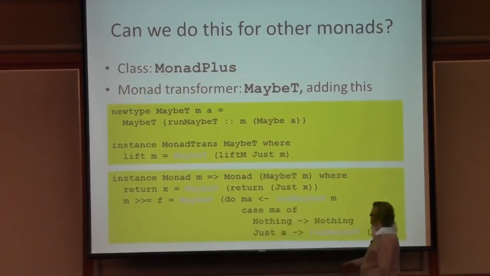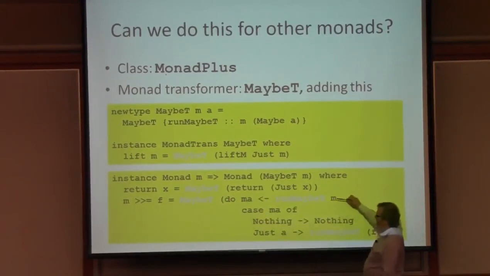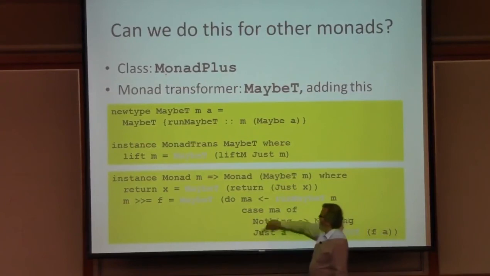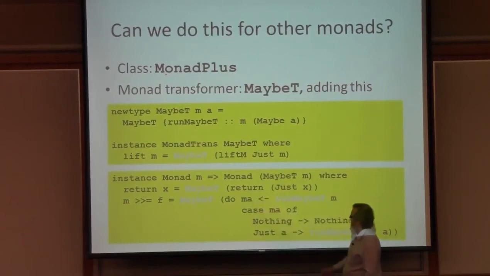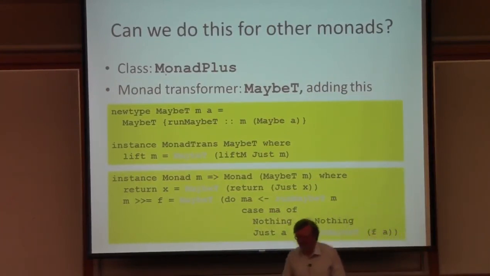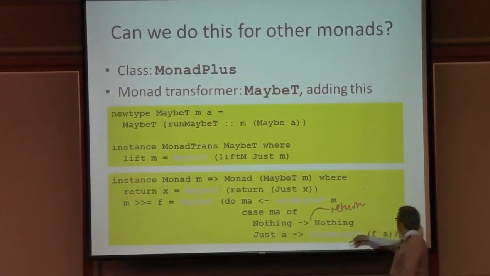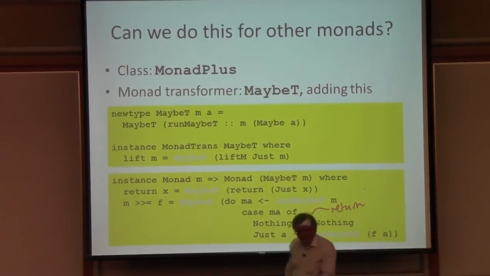Well, we're basically writing the same thing that we did for the maybe monad, except that we have to do it in an underlying monad m. So we evaluate m, we inspect the result. If it's nothing, we return nothing. There should be a return in there. And if it's a just, then we pass the value a to the rest of the computation f.